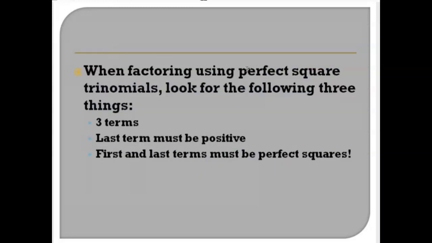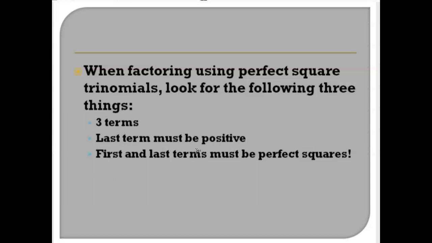When factoring using perfect square trinomials, we're going to look for 3 things. You need to have 3 terms. The last term must be positive, and that's really important, as well as the first and the last terms must both be perfect squares.